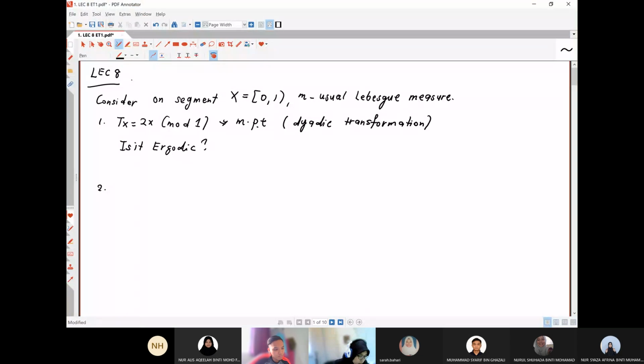Now the second example is Baker's, or we call it the cat transformation. Usually we define it on the segment 0, 1 multiplied with 0, 1 segment.